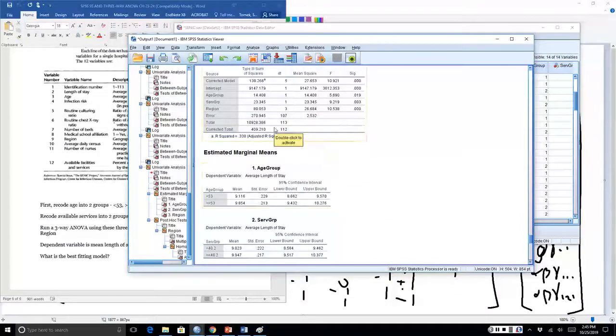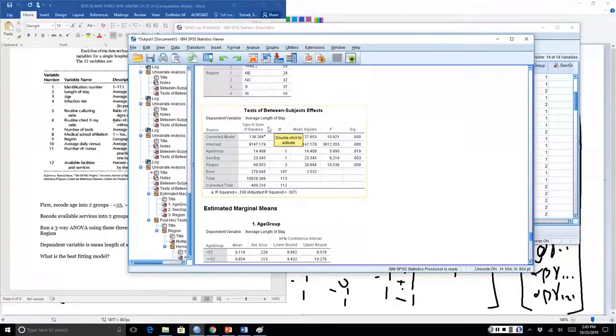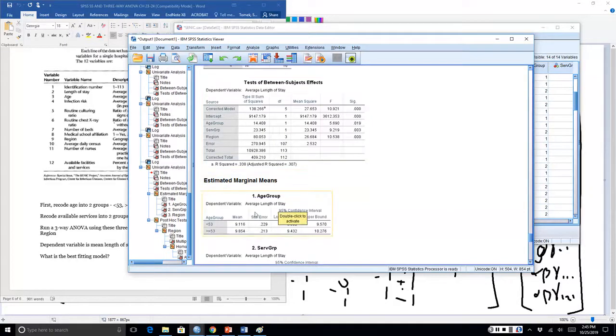So there are significant differences in the length of stay for age group, and just the two age groups. So F of 1 and 107 degrees of freedom is equal to 0.019.